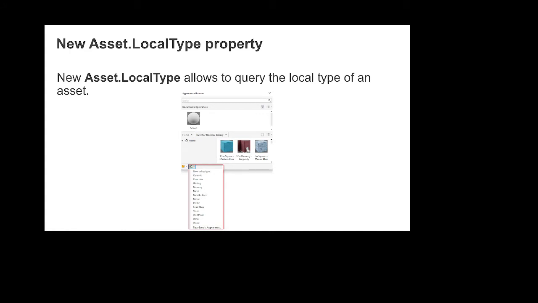A new property called LocaleType, which allows us to query the locale type of an asset object.